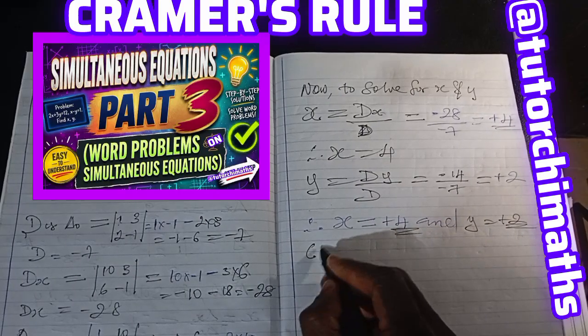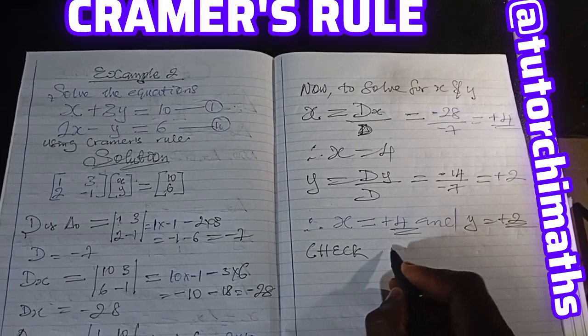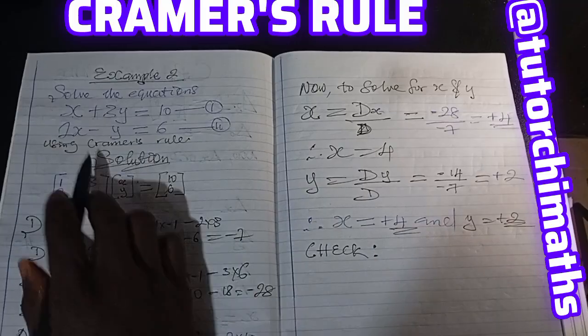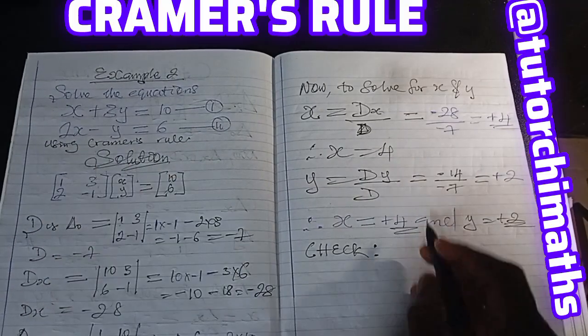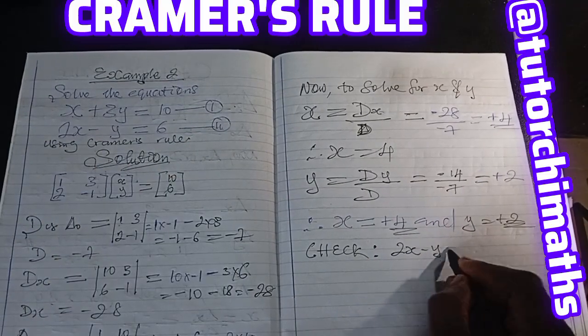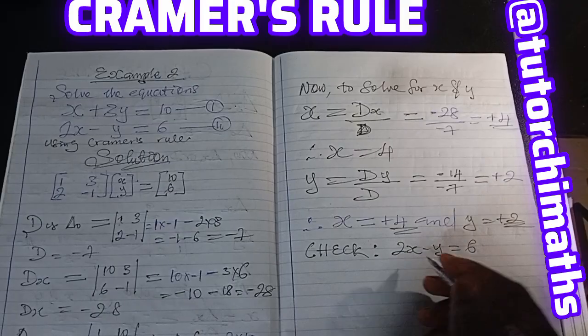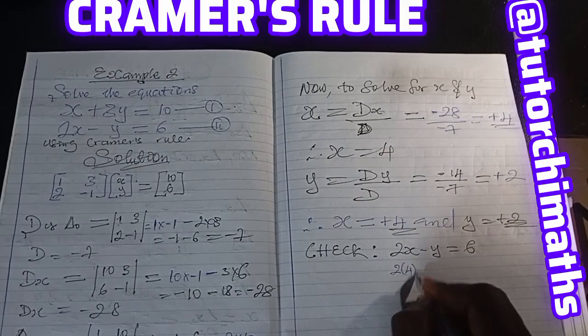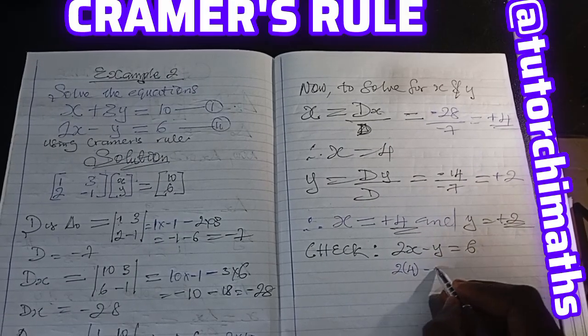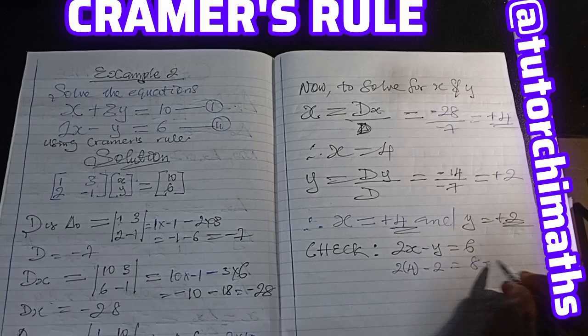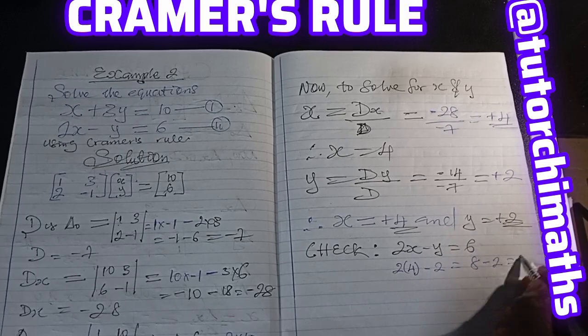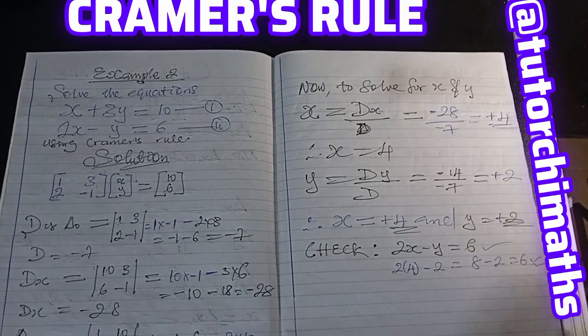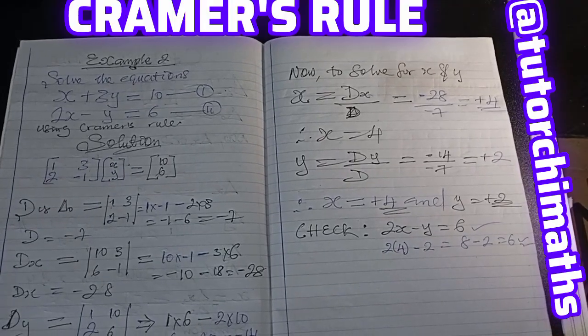Okay, let's check. We have here 2x minus y, which is given as 6. So x is 4, 2 bracket 4, minus y is 2. This is 8 minus 2. This is 6. Correct. So the values of x and y are correct.